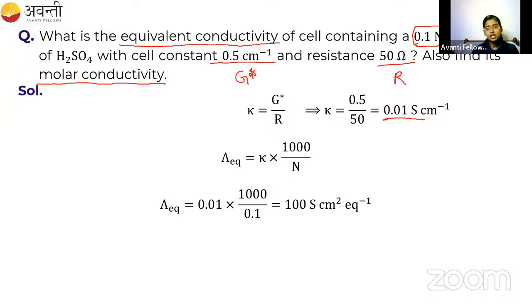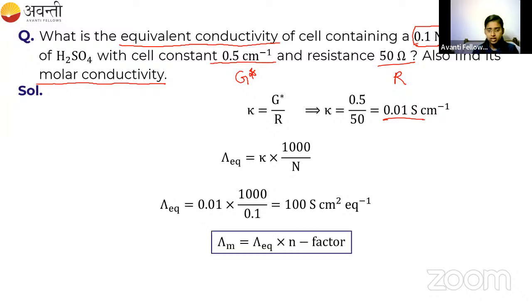Now, for finding the molar conductivity, you can straight away use this particular formula. Molar conductivity is equal to equivalent conductivity into N factor. From the last formula, which we studied in the previous slide, you can rearrange and get the molar conductivity value. We have the equivalent conductivity value in hand, and we have to find the N factor. So how do we find the N factor, and what is the N factor?